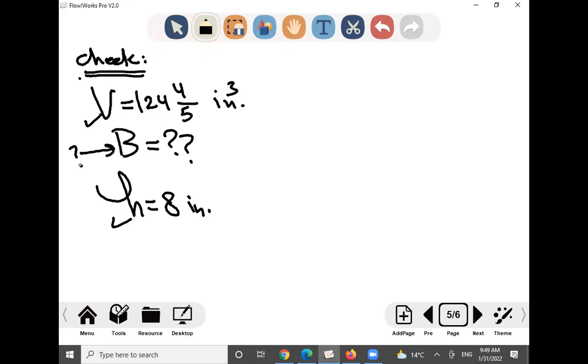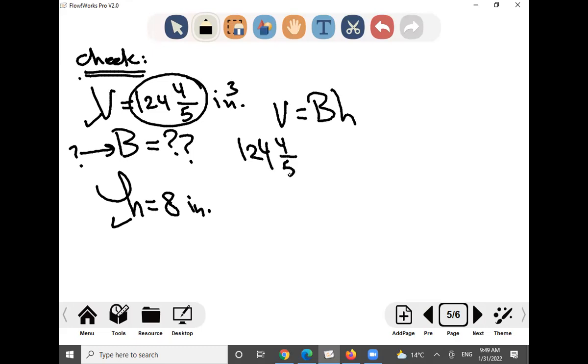Now I have the volume, I have the height, I want the base. Is it a prism or pyramid? Prism. If it were a pyramid, it would be 1 over 3 Bh. Prism: V equals big B h, right? The volume given, how much? Put this number: 124 and 4 over 5 equals the big B wanted, multiplied by the height 8.